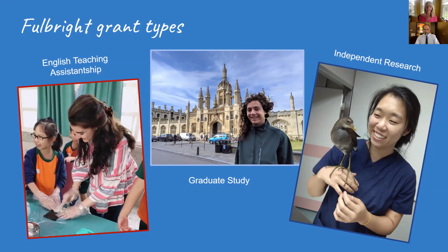So in any given year, they're offering around 1,250 opportunities for the ETA, whereas for the study research grants, it's around 950. And there are about 75 countries who welcome and desire having English teaching assistantships in their countries. So it's likely that many of the people you've heard about winning a Fulbright grant are ETAs, but these other grants are definitely part of the program as well.